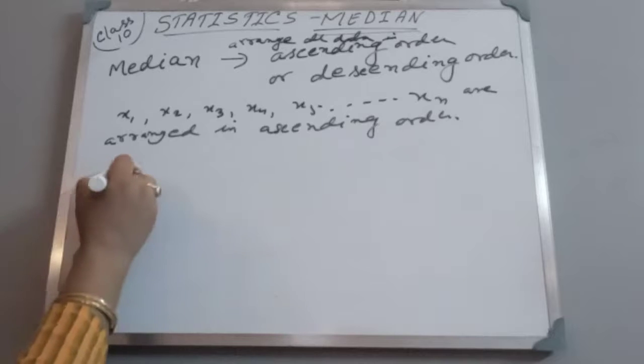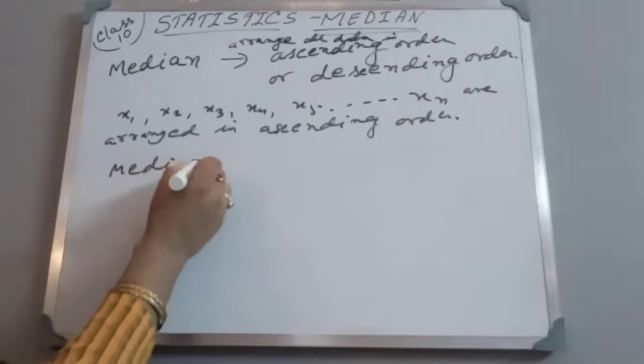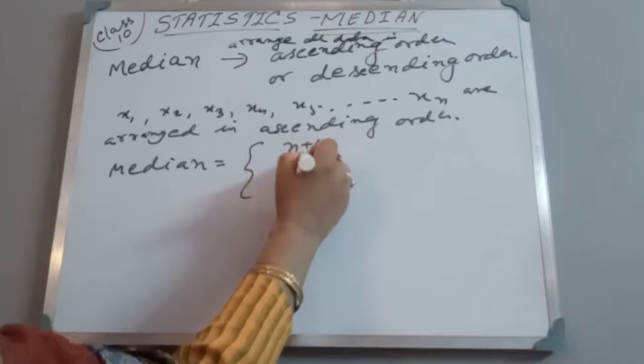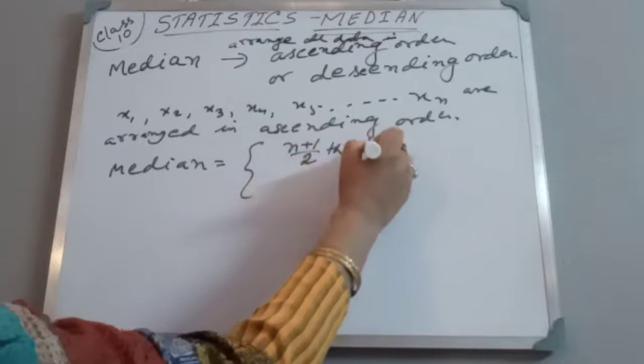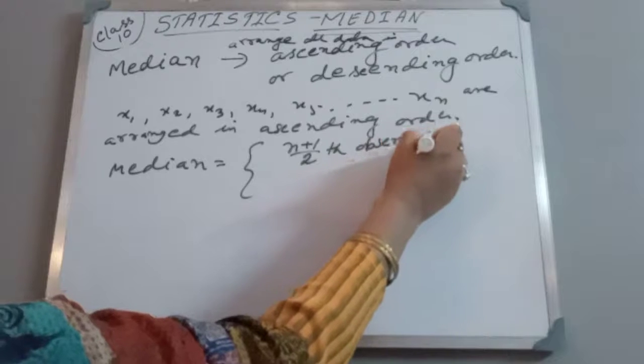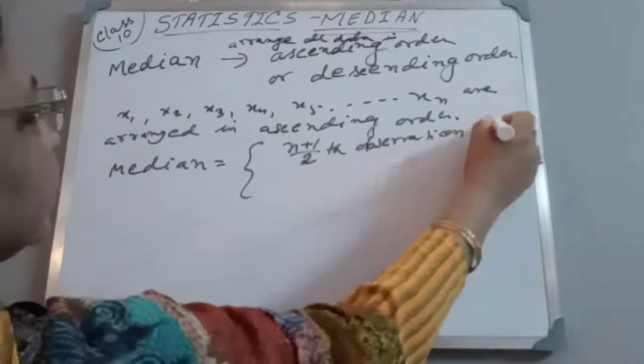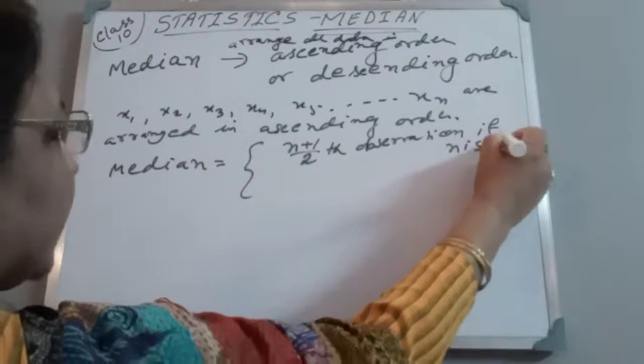Then what will be the median? Median is equal to the (n plus 1) by 2th observation, if n is odd. This is very important.